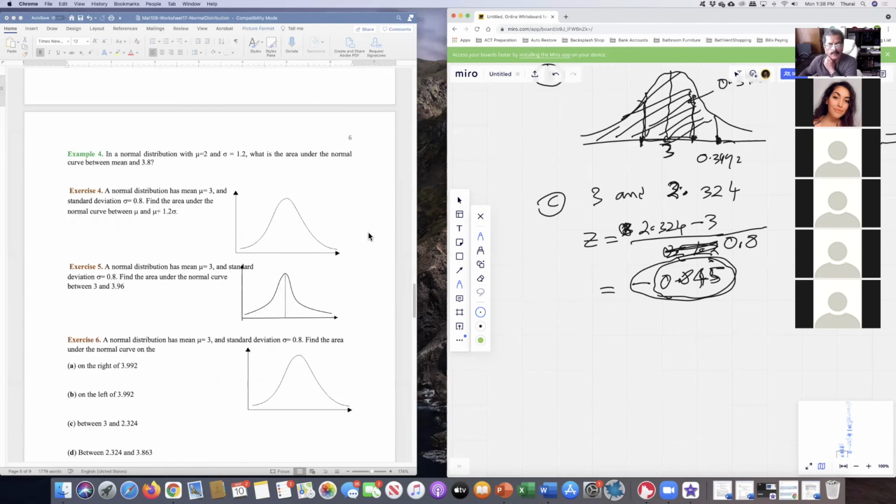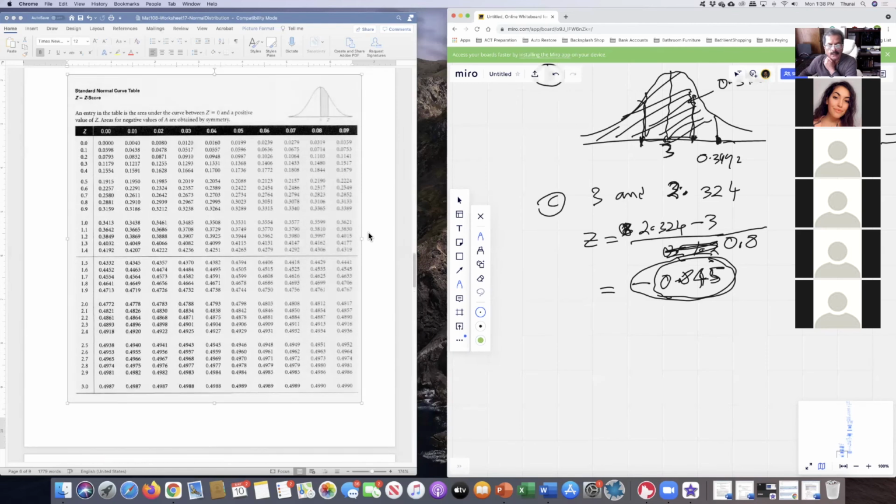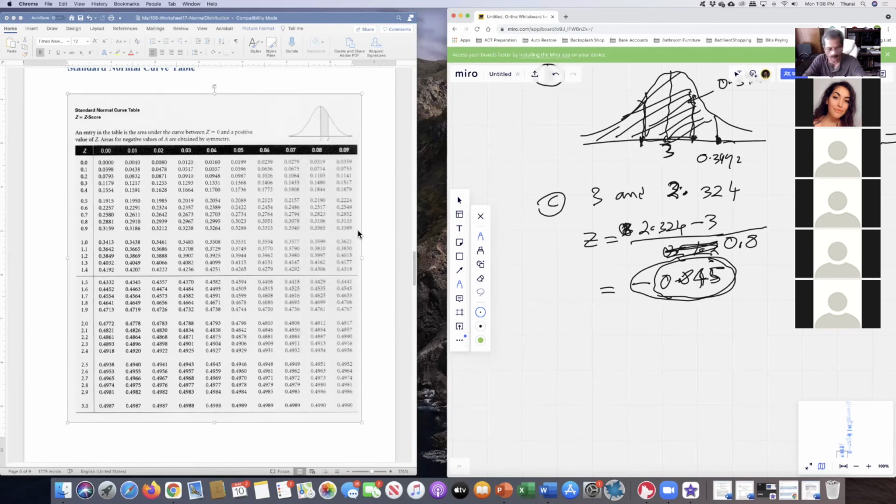So going back to the table, I need to look up 0.845. I had to round it to the nearest 2 digits. This is equal to negative 0.85, rounded. So 0.85 is 0.0 and then over to 0.8 is right here.